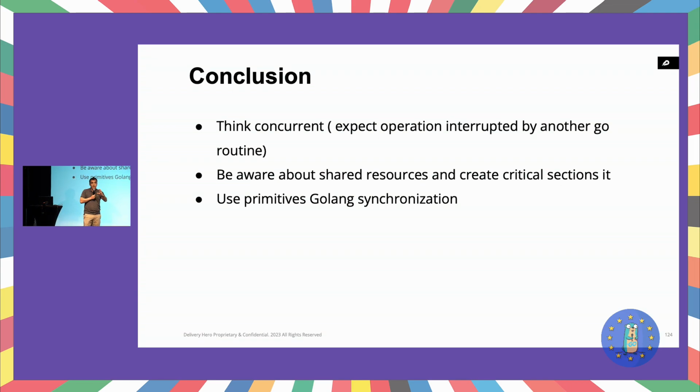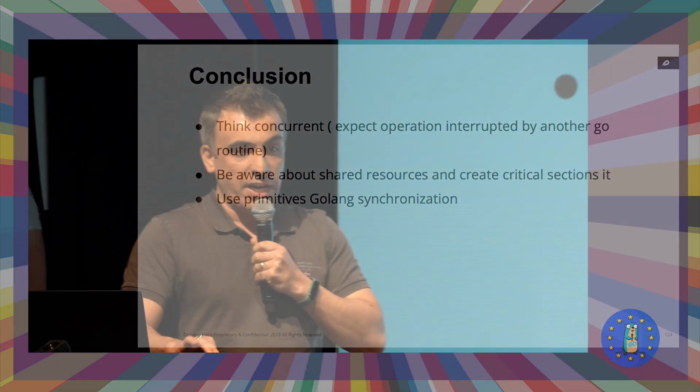Don't let the Go routines go inside together, let them go inside the critical section one by one. Of course, there are some topics you need to ensure for that critical section, like that there is no starvation, no livelock, etc. And the third thing is to use primitive Golang synchronization more. I mean channels. Channels are a specific Golang tool that has been created to work with this great Go routine concurrency.